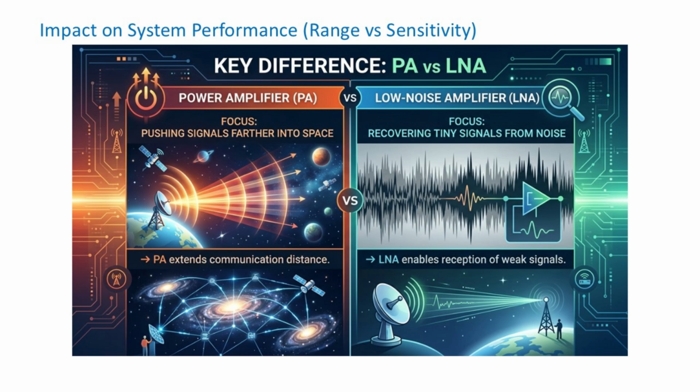Its role is to make sure even very small incoming signals can still be detected and processed correctly, enabling reliable reception. A simple example is two walkie-talkies. A stronger PA lets your voice travel farther, while a better LNA helps the other person hear weak signals more clearly. In reality, both are essential. PA improves transmission strength, and LNA improves receiving capability.